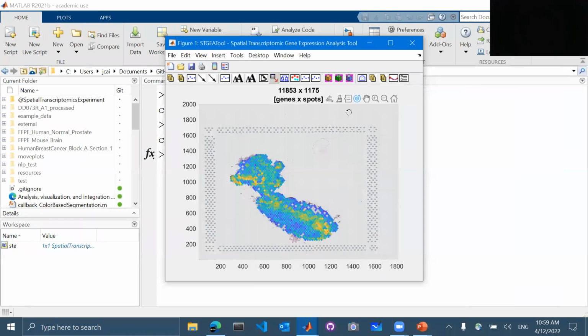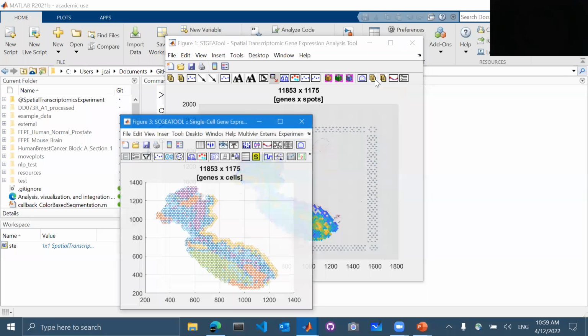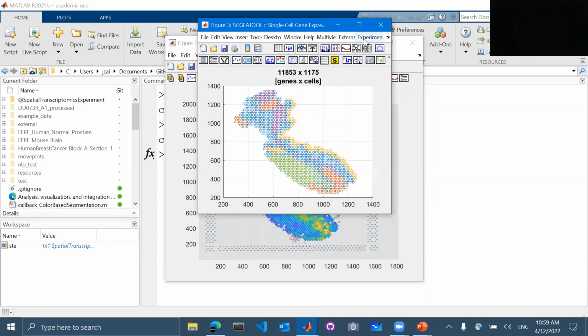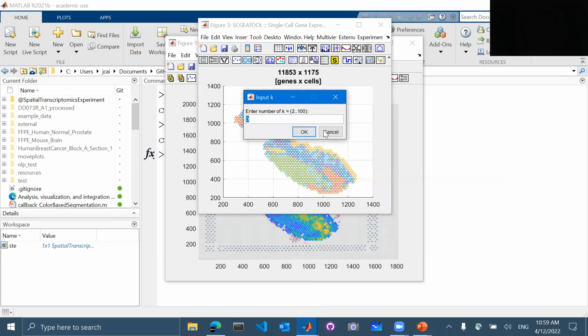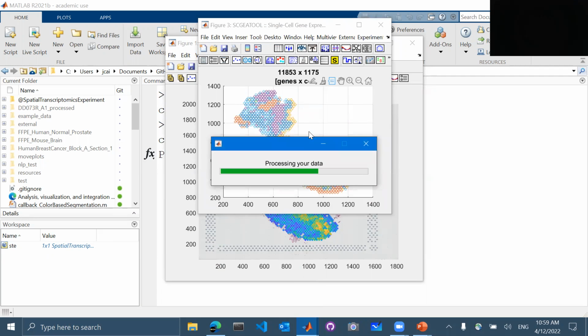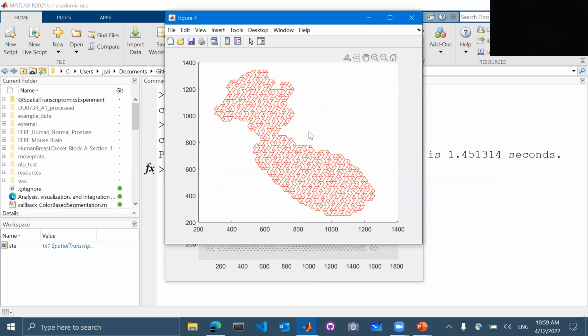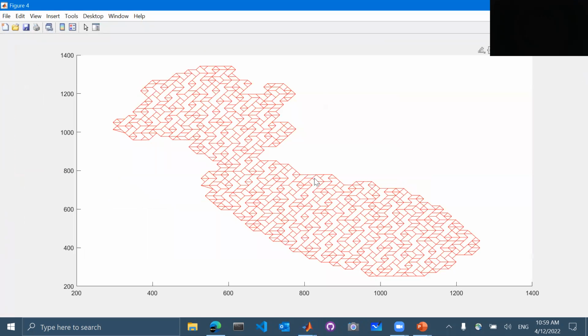So what I can do here is look at my cells and then compute. It depends on how many Ks I want to use. So this is my graph. So I can move from any point.